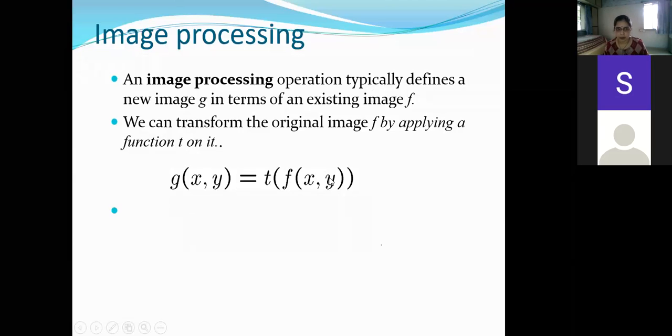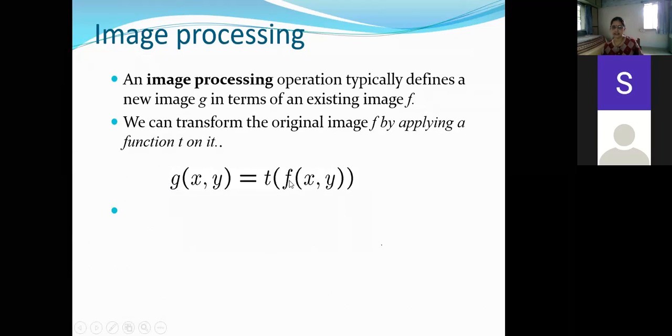Now how we can apply this function varies from type to type. What is this function? It depends on the specific class or type of image processing technique. So we can transform the original image f(x,y) by applying a function T on it to get a processed image g(x,y).